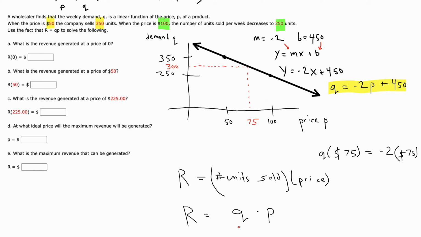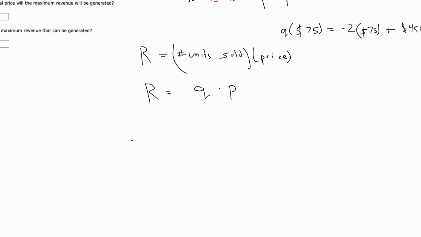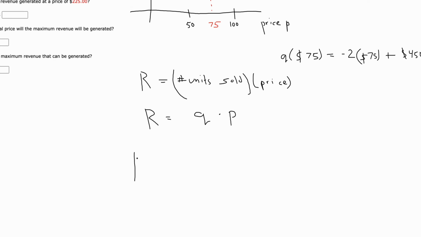And so what we see is this is a function of two variables, where the price is set by the wholesaler, but the demand is a function of the price. What we want is to let the revenue be a function of price as well, instead of a function of two variables. In order to do that, I want to replace Q with a formula.